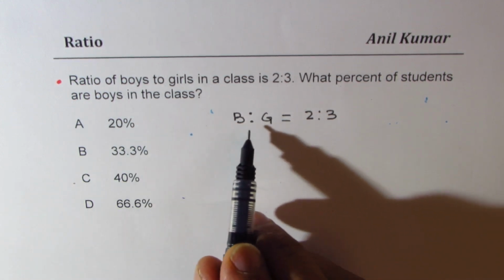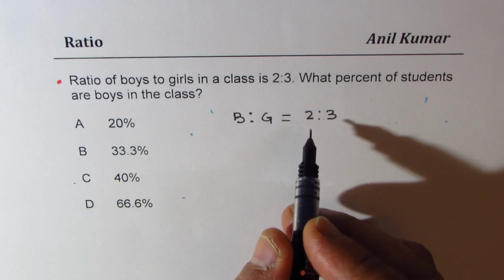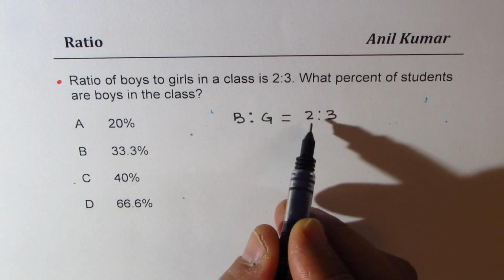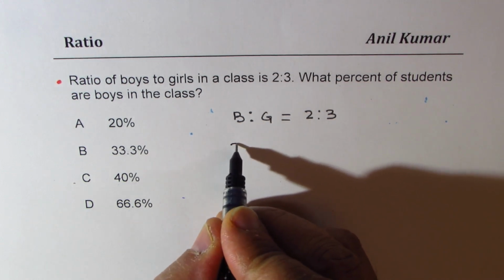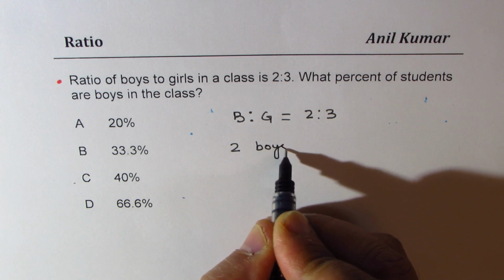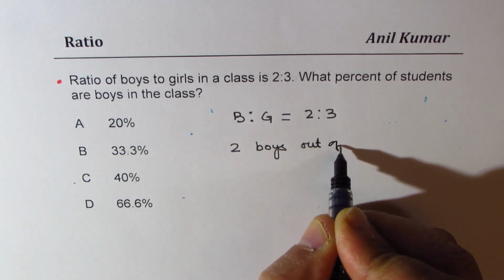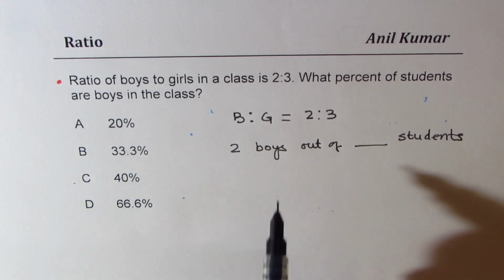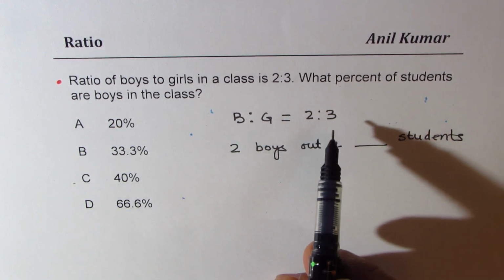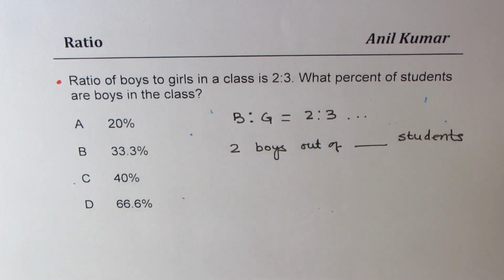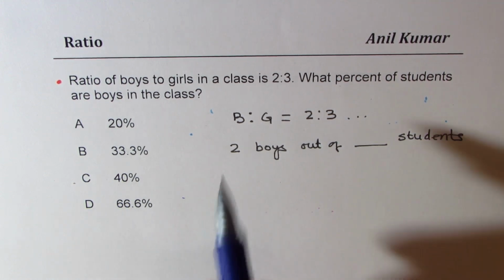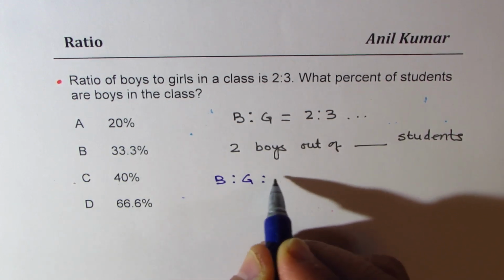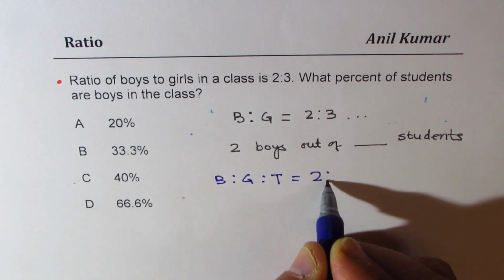Now here, what is important to see is how many total students there are. Let's figure out. If the ratio of boys to girls is 2:3, we know 2 boys out of how many students. That is important to figure out. So sometimes we are just given 2 ratios, but we are interested in the third number also. So what I will do here is see this question as boys is to girls is to total is 2:3.